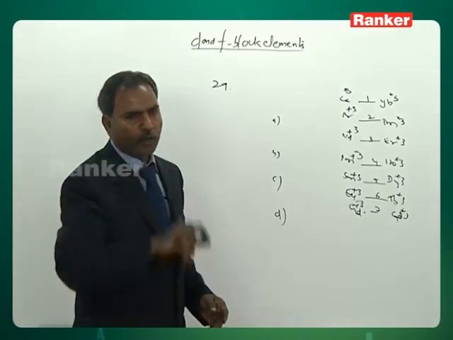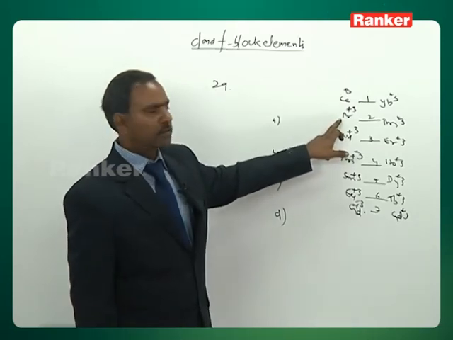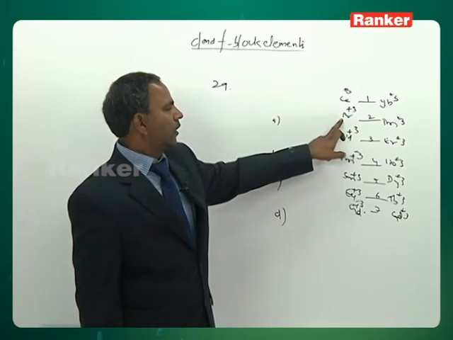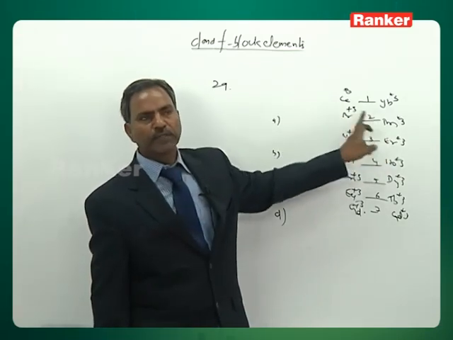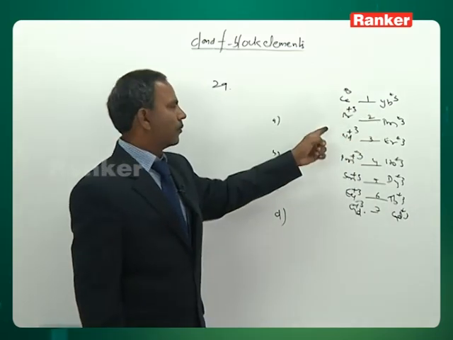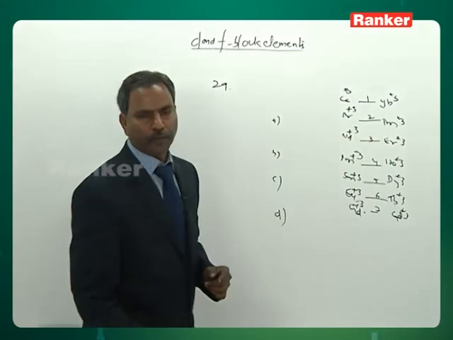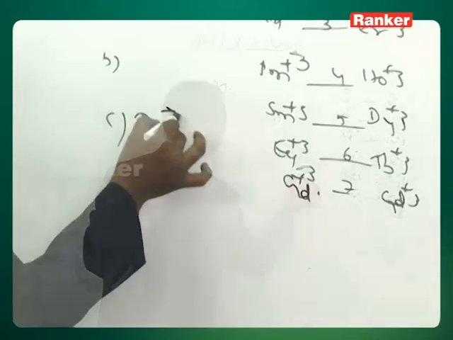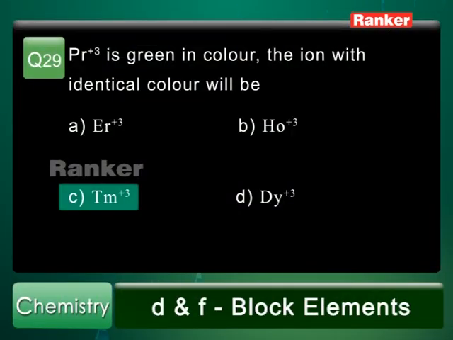Praseodymium plus 3 has 2 f electrons, and holmium plus 3 also has 2 f electrons. Thulium plus 3 is opposite to praseodymium, so this pair is the correct pair. The answer is C, thulium plus 3.